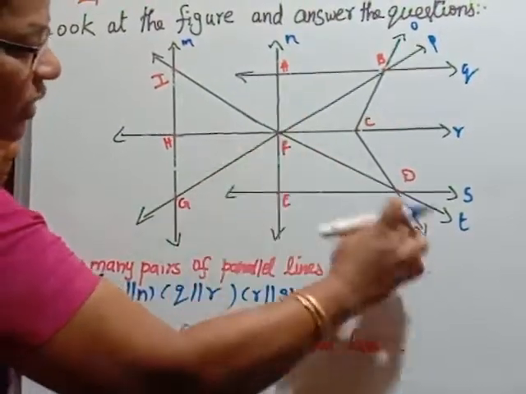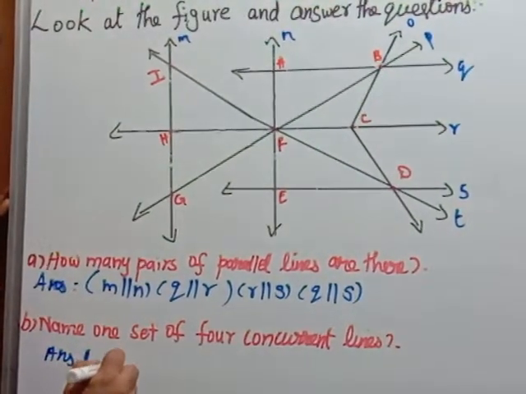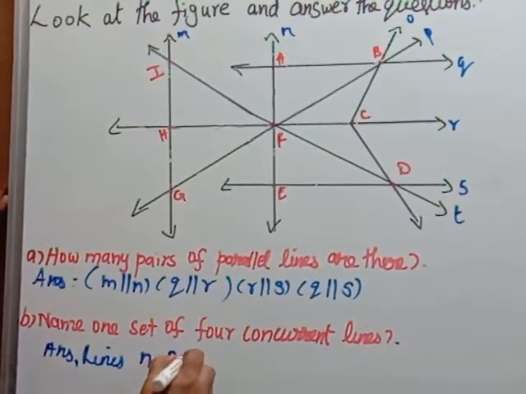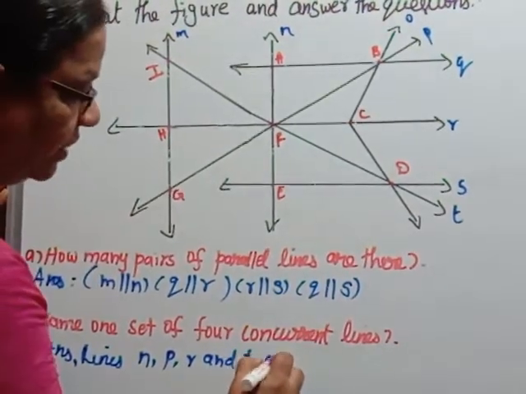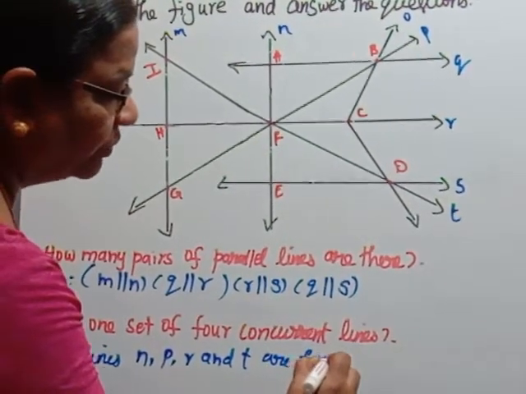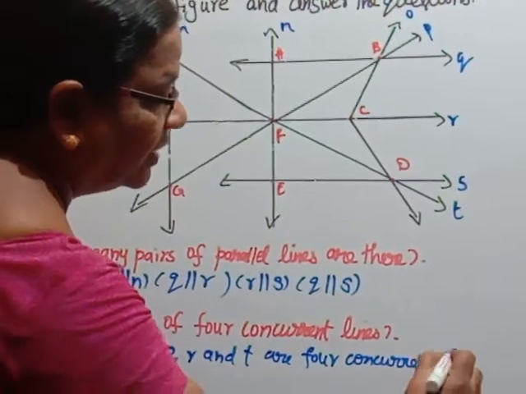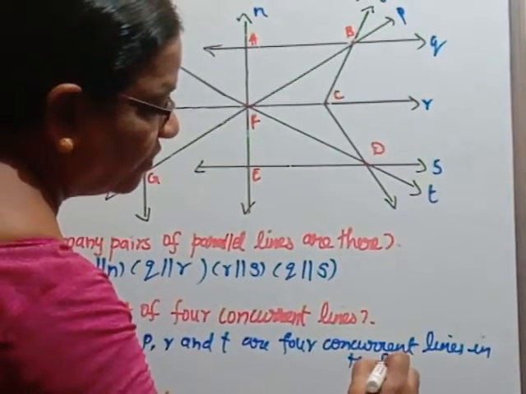So, these 4 lines are called concurrent lines. Lines N, P, R and T are 4 concurrent lines in the figure.